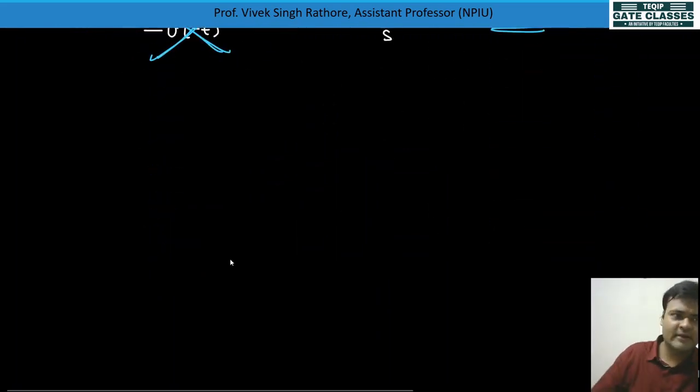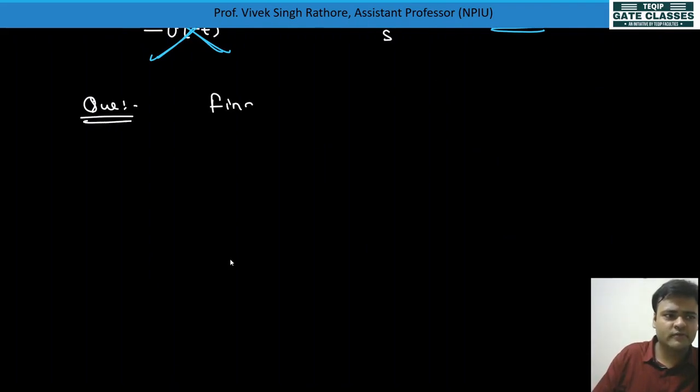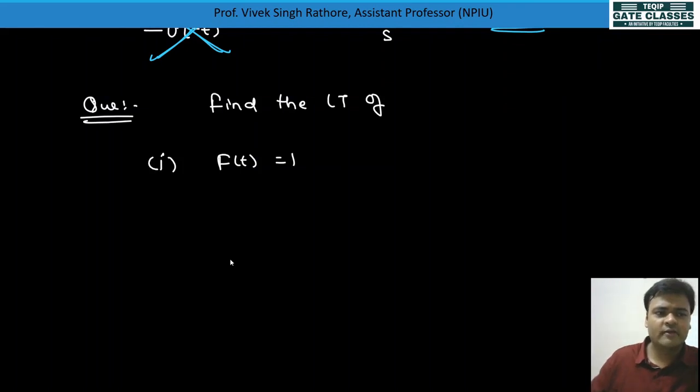I'll tell you one more example, then you can understand it. Find the Laplace transform of f of t equal to 1. Let's suppose f of t is equal to 1. It can be written as u of t plus u of minus t, right? In the bilateral Laplace transform it can be written like this, because u of minus t will exist in bilateral. No problem.